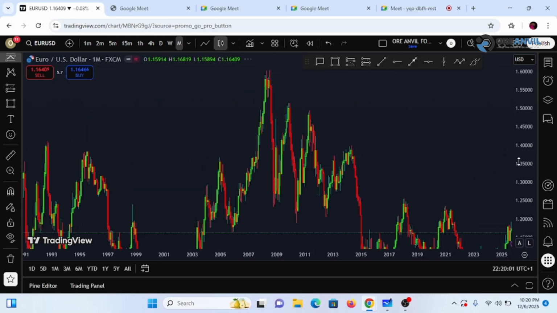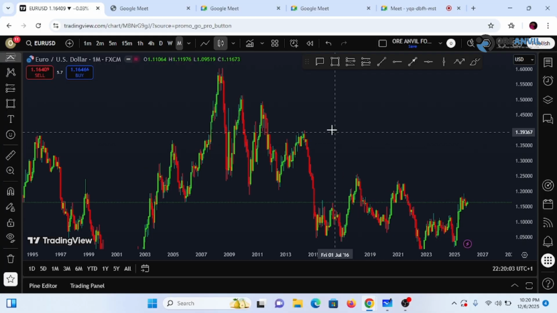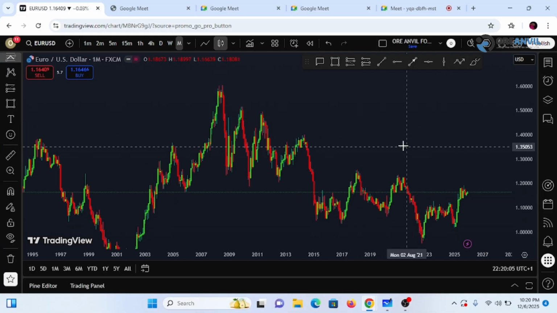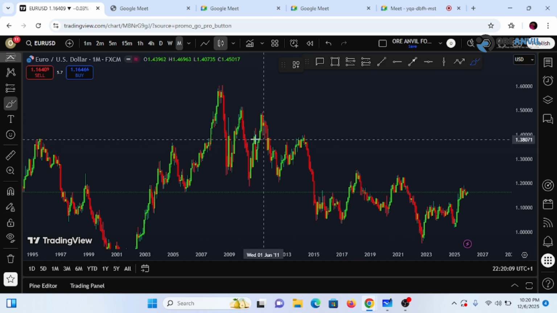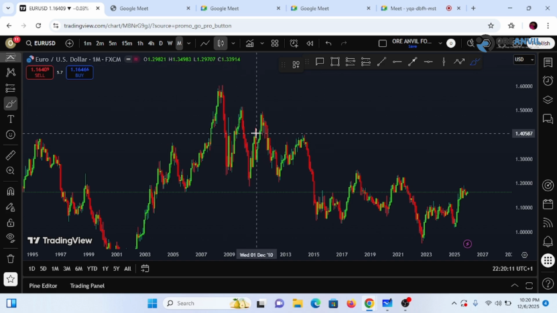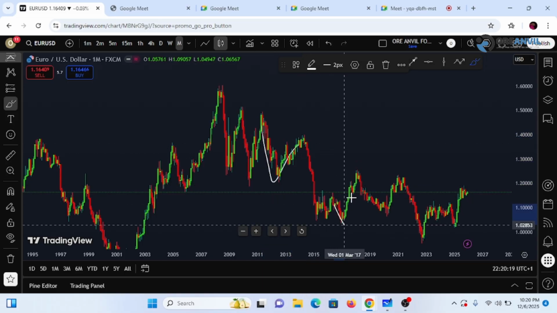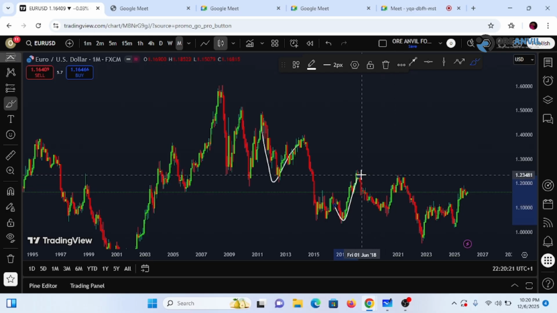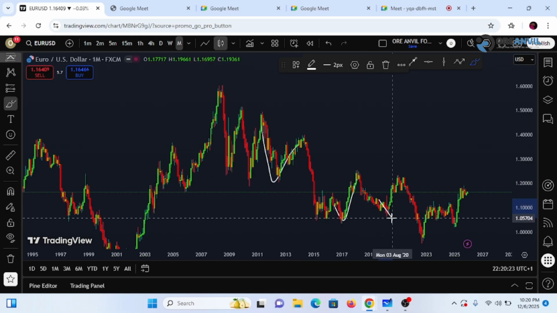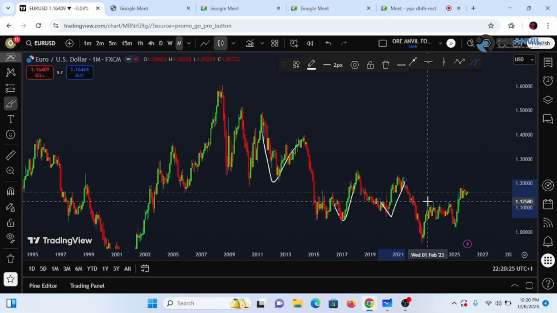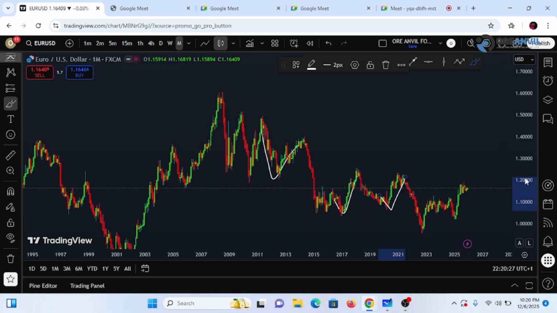This is like a short-term downtrend. But what is happening on this trend? You are having what we call fake BOS inducement. We have fake BOS inducement. We are having fake BOS inducements. Okay, this is how the market is moving.